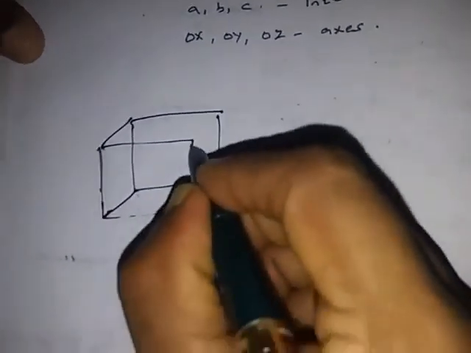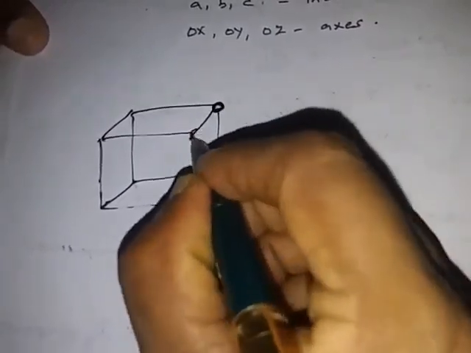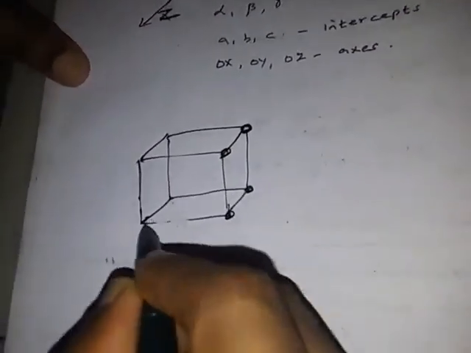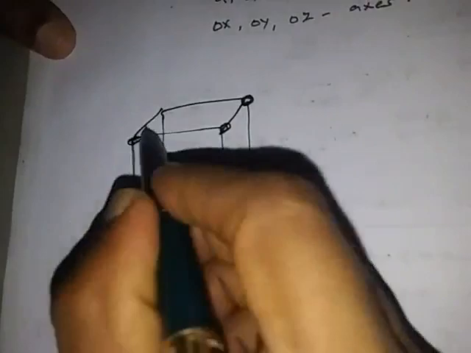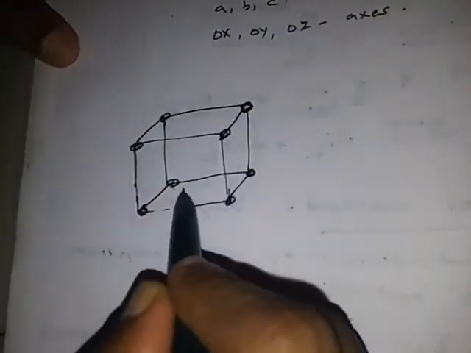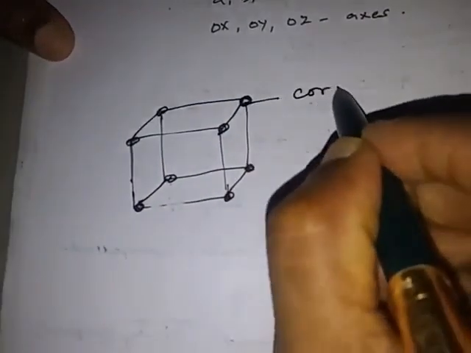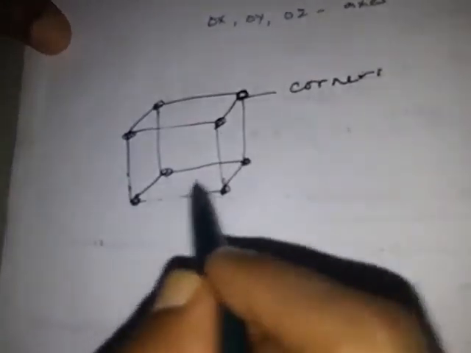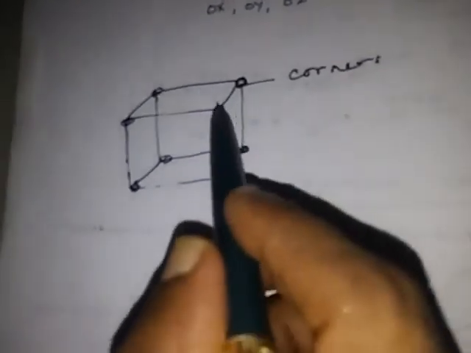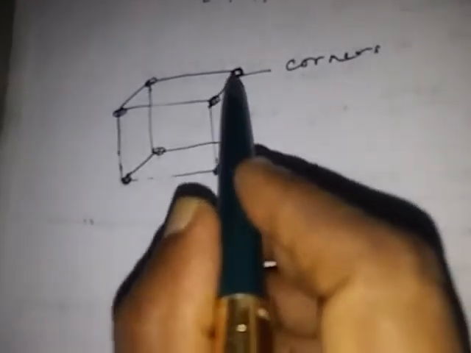A unit cell is drawn, and these are the corners. There are 8 corners in total. In a simple cubic unit cell, it contains identical atoms, identical ions or identical molecules.